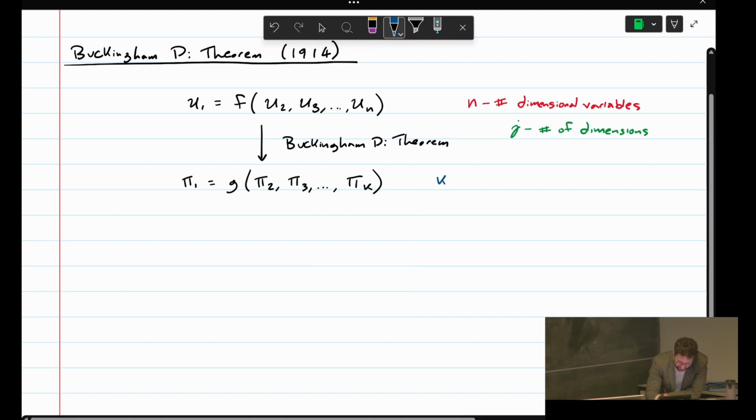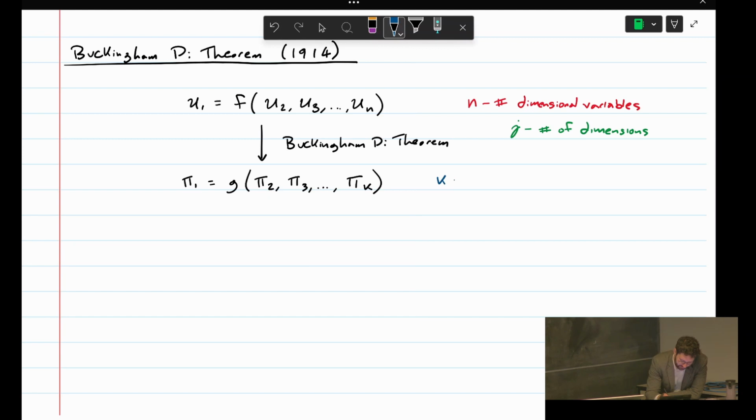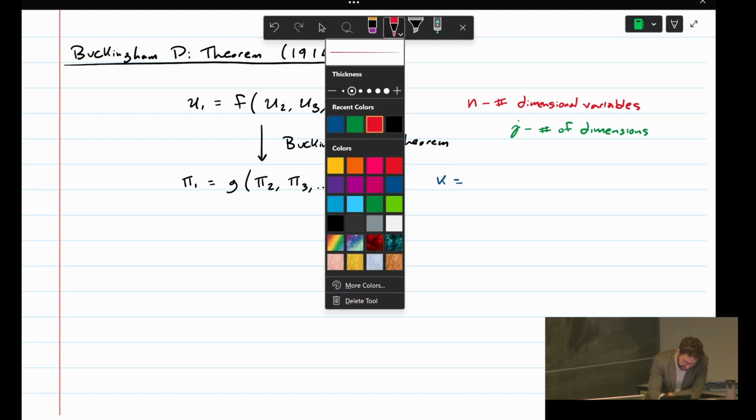This number k is the number of dimensionless groups. K equals, I guess, n minus j in the ideal case.